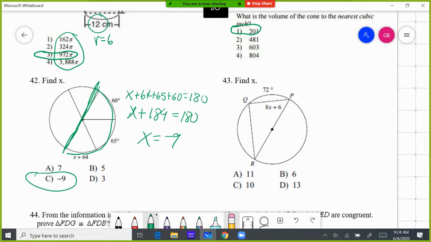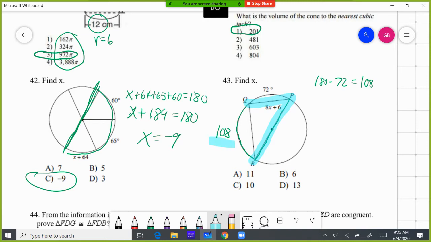Okay, 43. Again, I'm going to use that trick with the semicircle. So this is 72. This arc over here would be 180 minus 72, which is 108. And then we could see that this angle here is an inscribed angle.